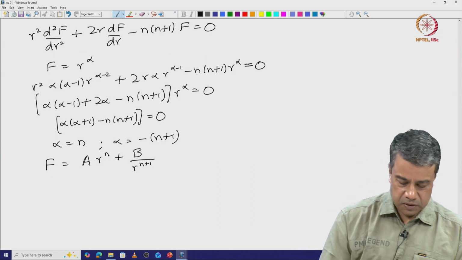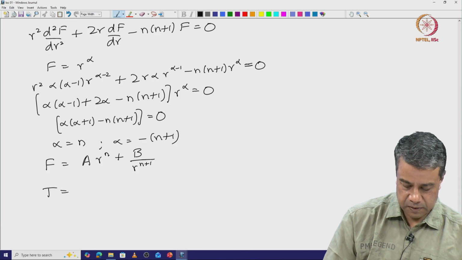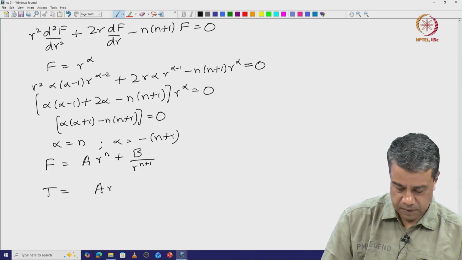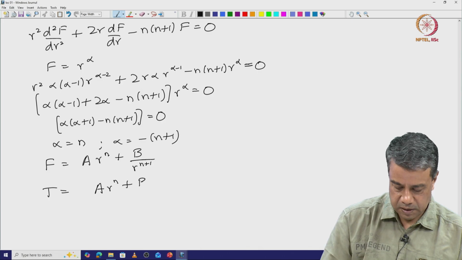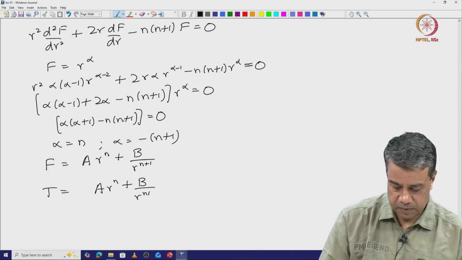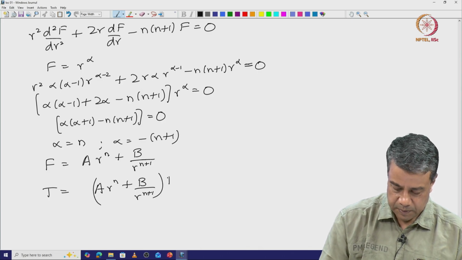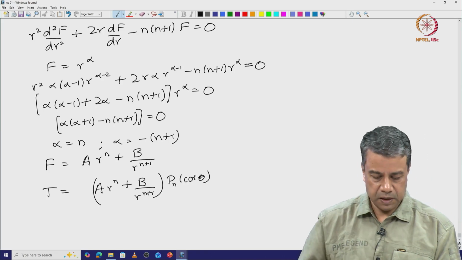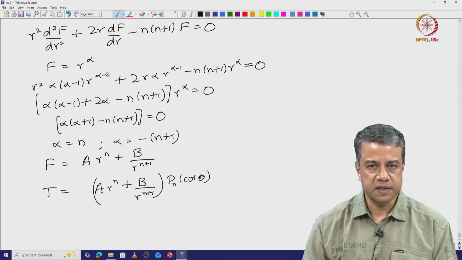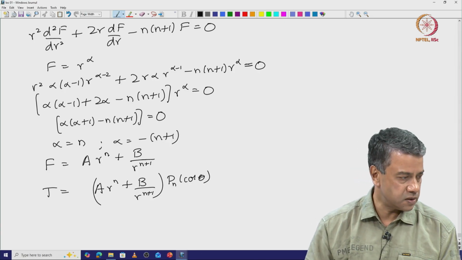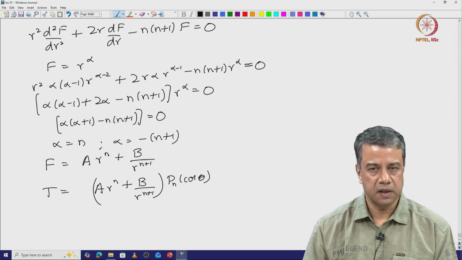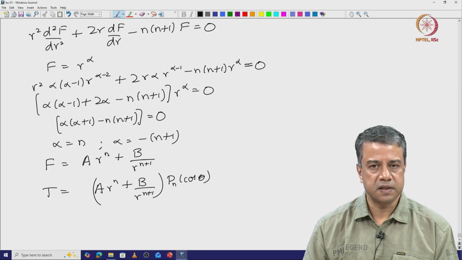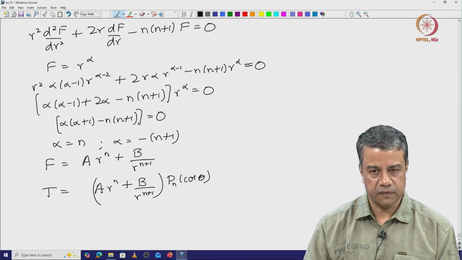And the final solution for the temperature is equal to a r power n plus b by r power n plus 1 times P n of cos theta. This solution satisfies the equation, and it satisfies the symmetry condition in the theta direction for any value of n.